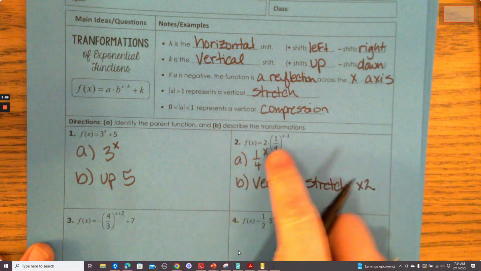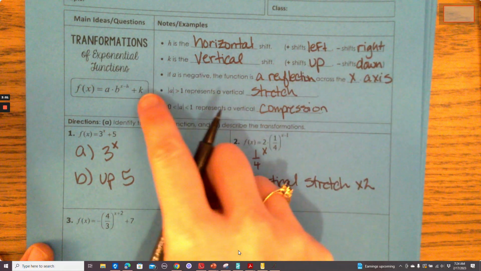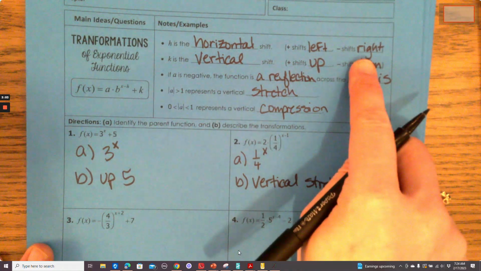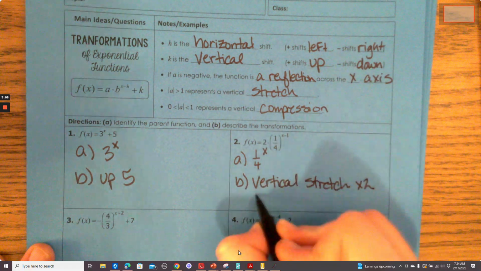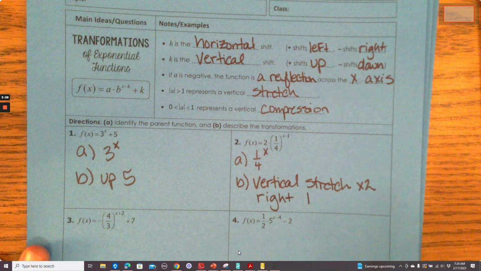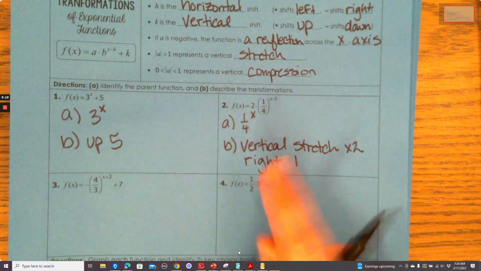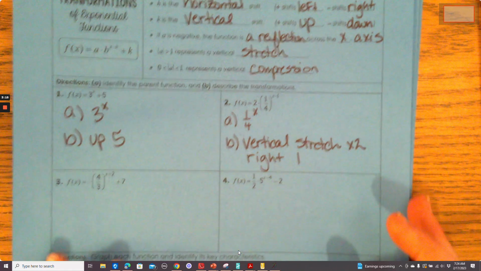And then up here, it's minus 1, so we're messing with the h. Minus, we're going to the right 1. And that's just the movement you're making. So I'll show you on this last one kind of visually what it looks like.